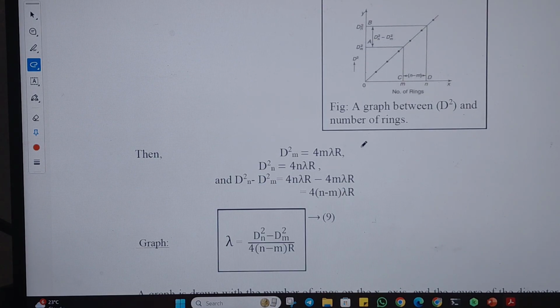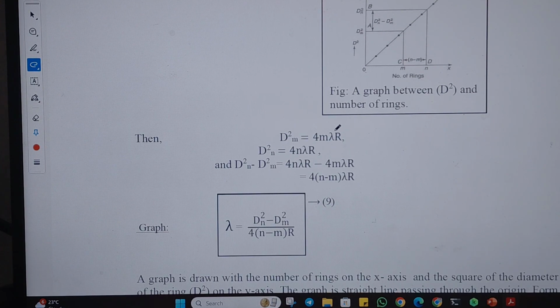Based on the diagram, we take the number of rings on the x axis and the diameters on the y axis. Here it is the slope. We can get the slope values, Dm square and m, and n and Dn square.